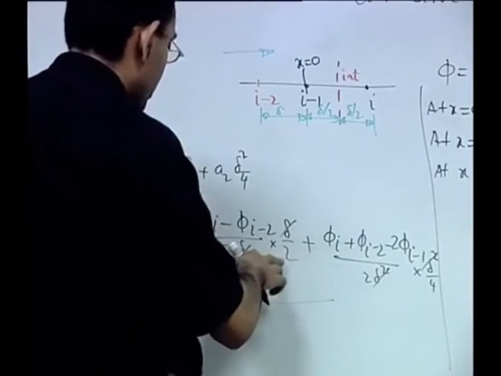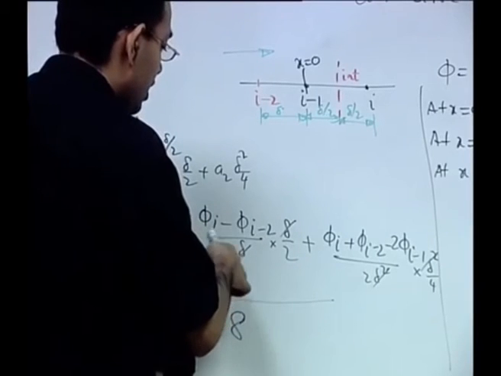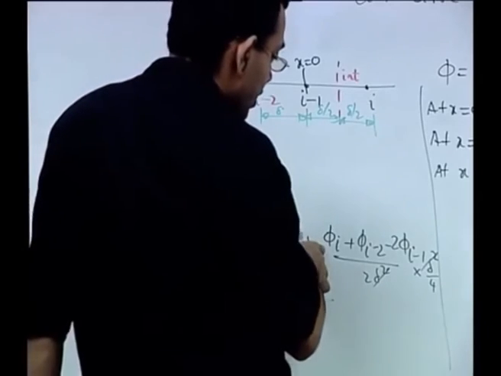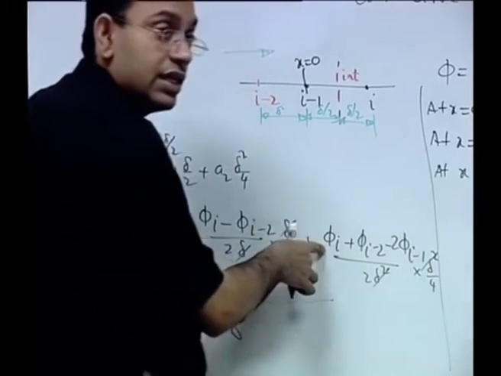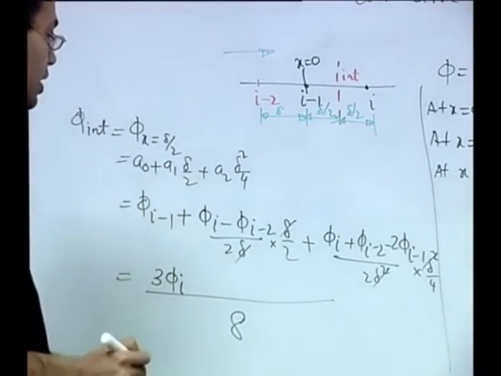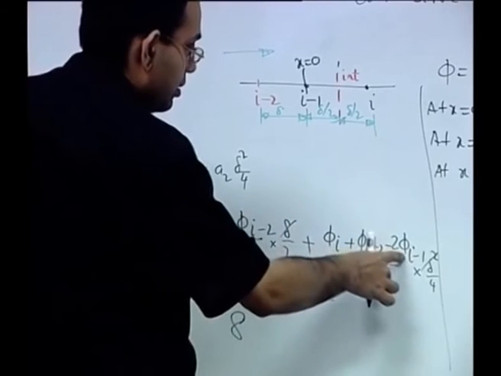If you take 8, then this is 4 into 2. So, 2 phi I, then plus 1 phi I, 3 phi I, then phi I minus 1, here you have 8, minus 2.